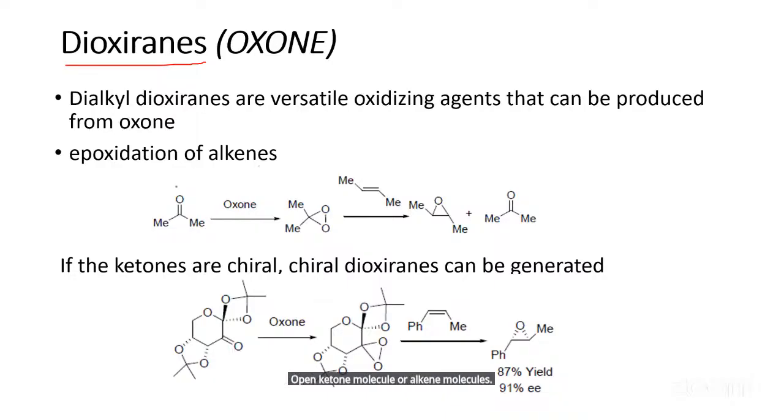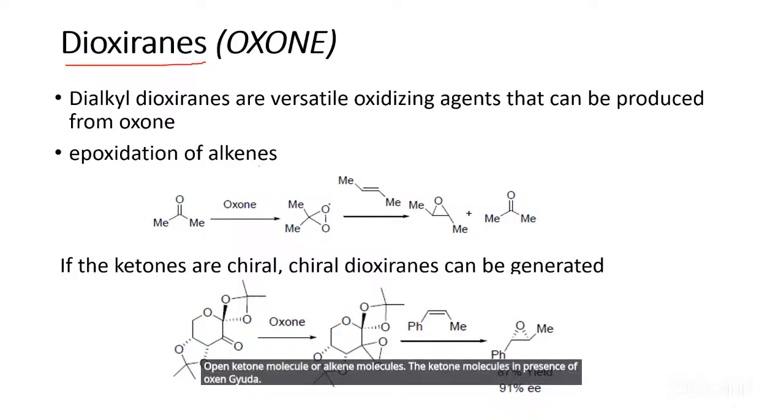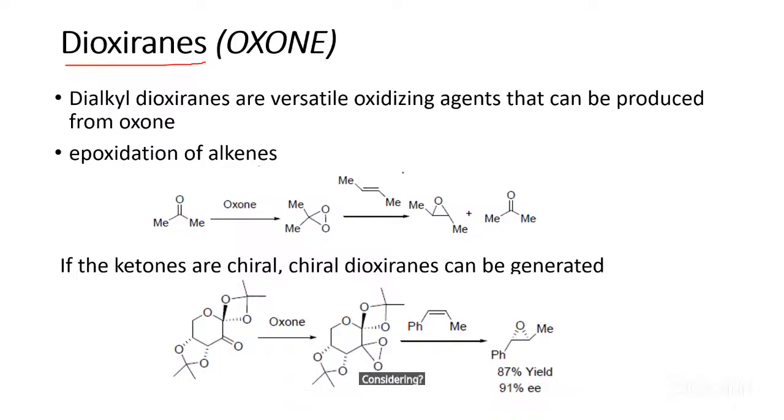The ketone molecules in the presence of Oxone give the dioxiranes, while alkene molecules give the formation of epoxide molecules after breakage of these dioxirane rings.